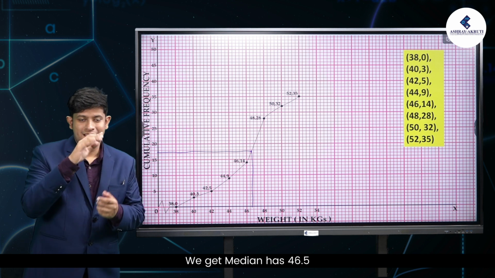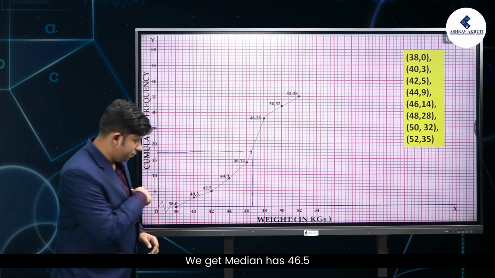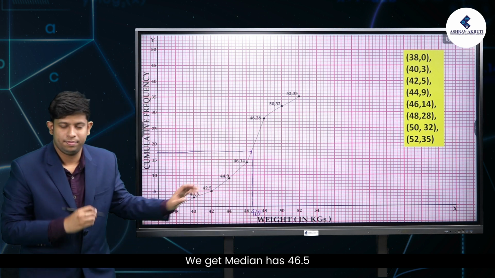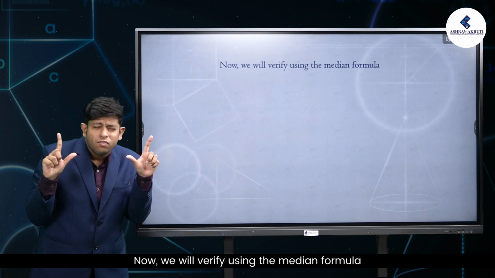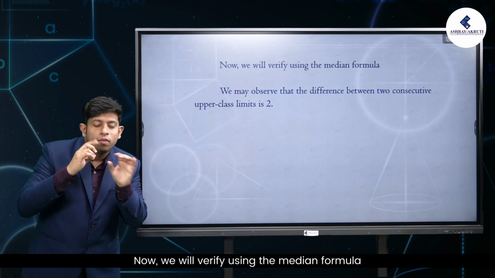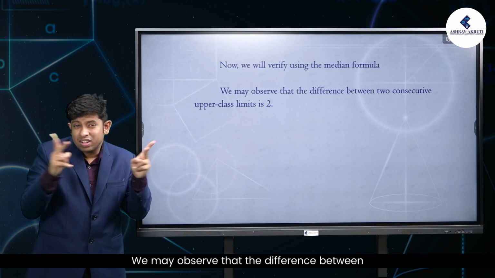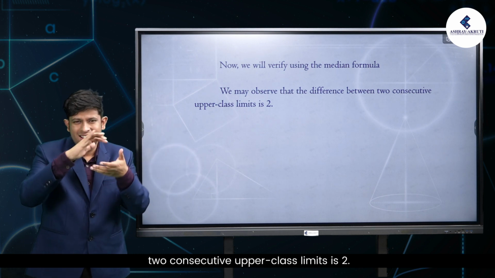We get median as 46.5. Now we will verify using the median formula. We may observe that the difference between two consecutive upper class limits is 2.